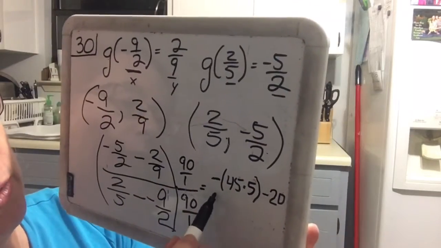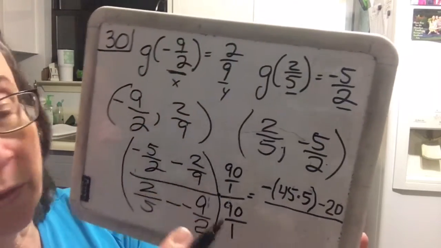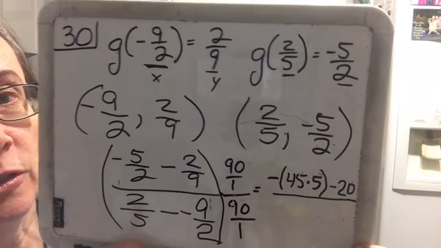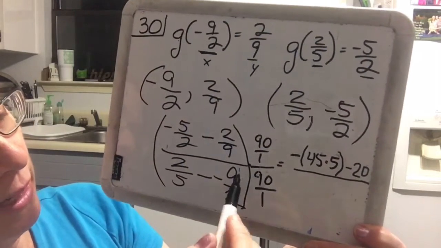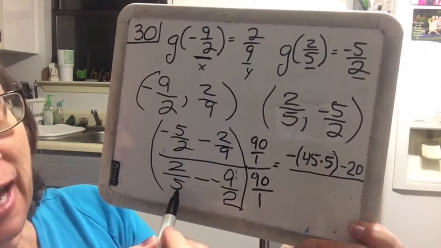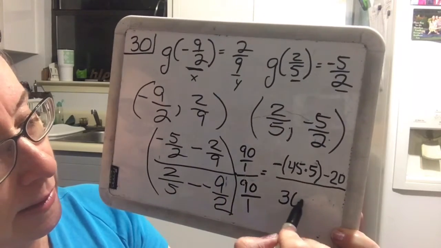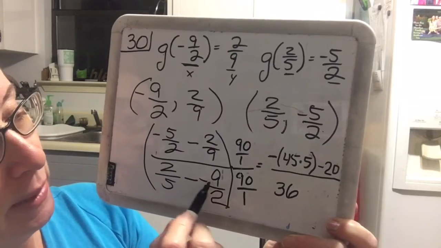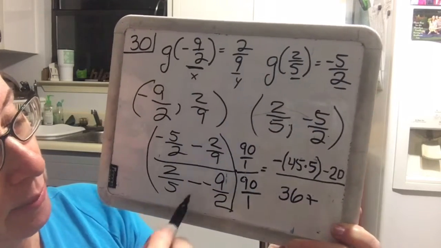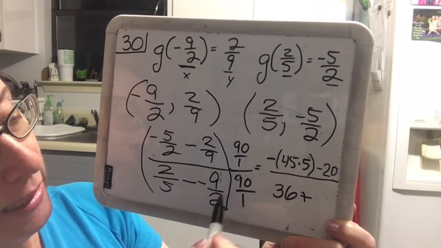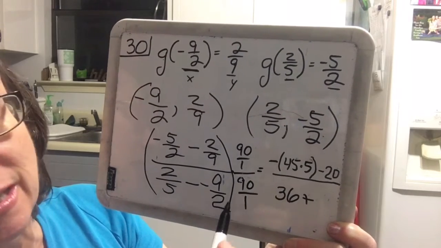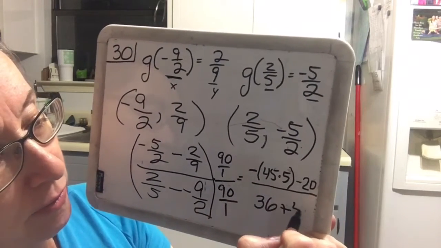That's my numerator. Notice no more fractions in the numerator, just a bunch of numbers I have to do math with. Now 90 divided by 5 is 18 times 2 is 36. And then I'm going to have plus, because I got a minus, and then 90 divided by 2 is 45 times 9.